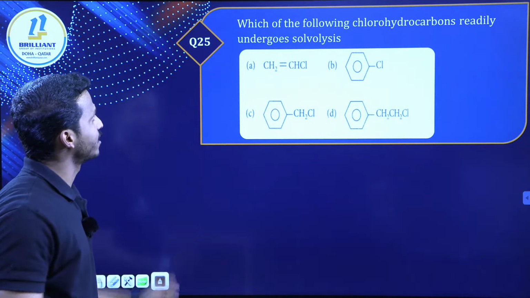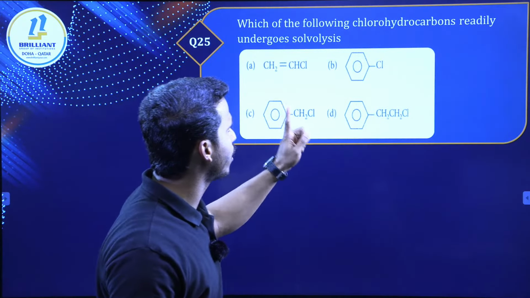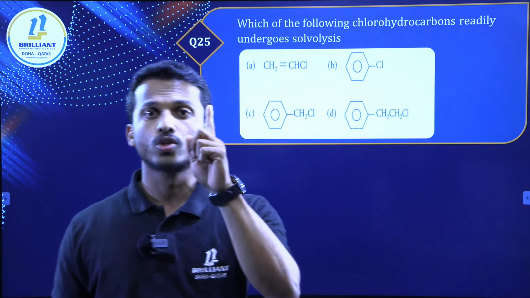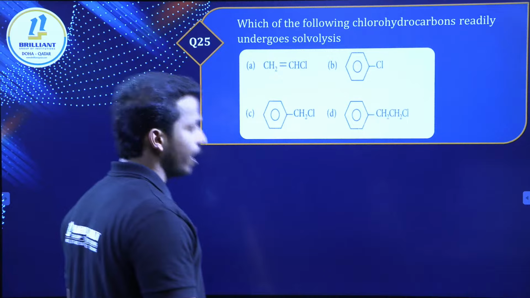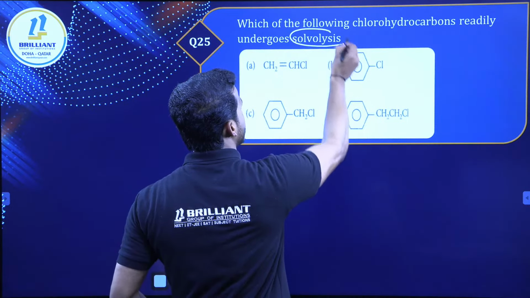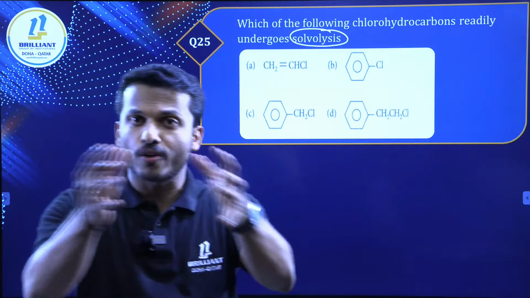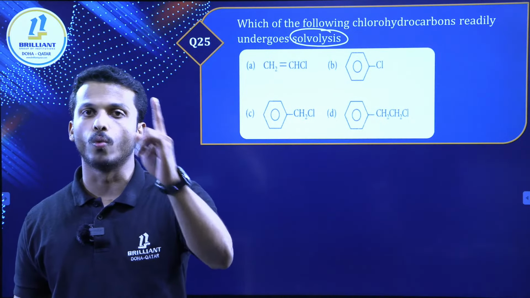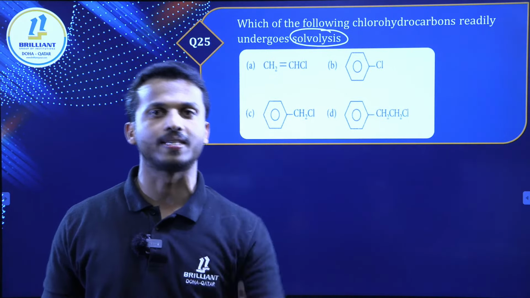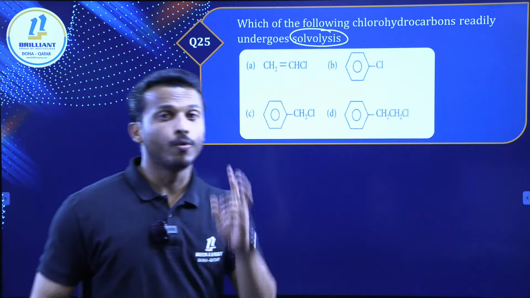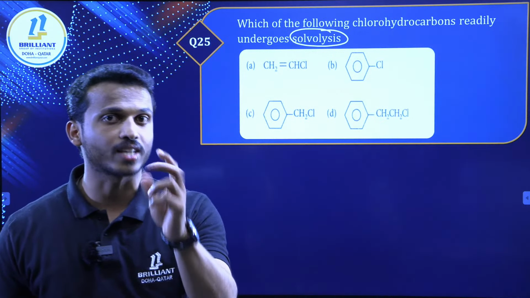Come on, all of you. Which of the following chlorohydrocarbons readily undergoes solvolysis? Dear all, solvolysis, hydrolysis, aqueous solution, if these kinds of terms are given, you can go with the SN1 mechanism. So the question is indirectly asking which will undergo SN1 reaction faster.